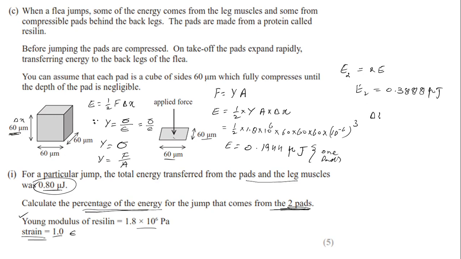So the percentage of energy is 0.3888 divided by 0.8. So this is 0.486, and that is 48.6 after multiplying by 100. So 48.6% of the energy is provided by the pads.